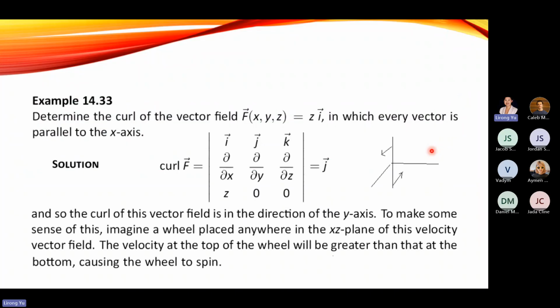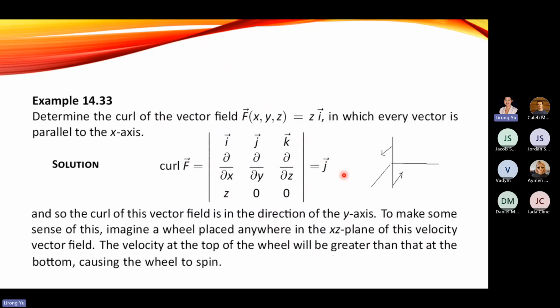Now, this is another example about the curl, determining the curl of a vector in which every vector is parallel to the x-axis. In the calculation of the curl, this one has only the first component, z, 0, 0. You can see this 0 in the first component, the second component is 1, and the last component is also 0. So the curl of this vector equals j.